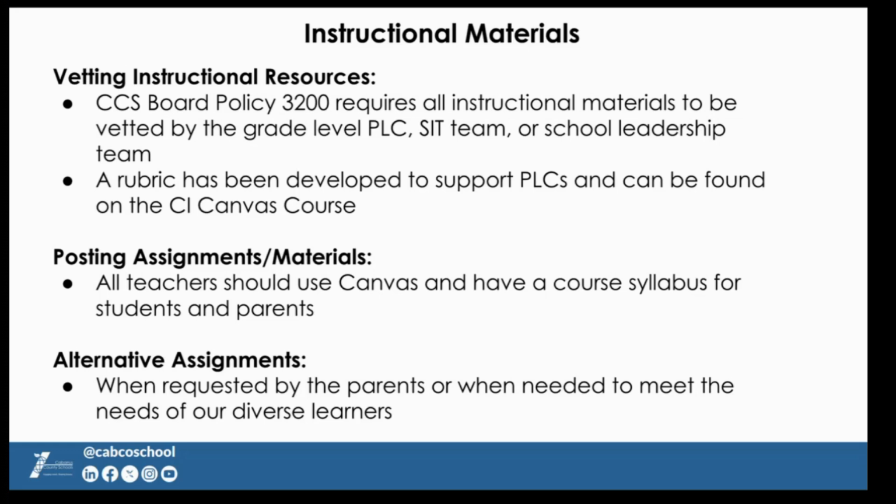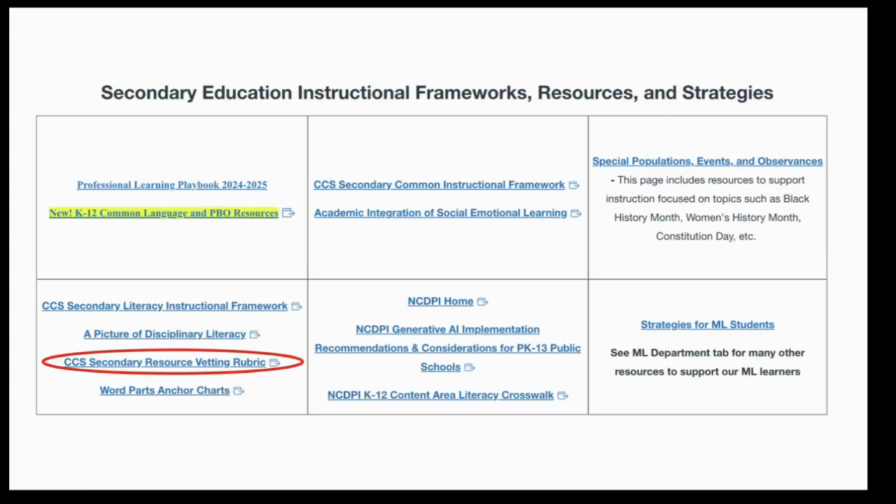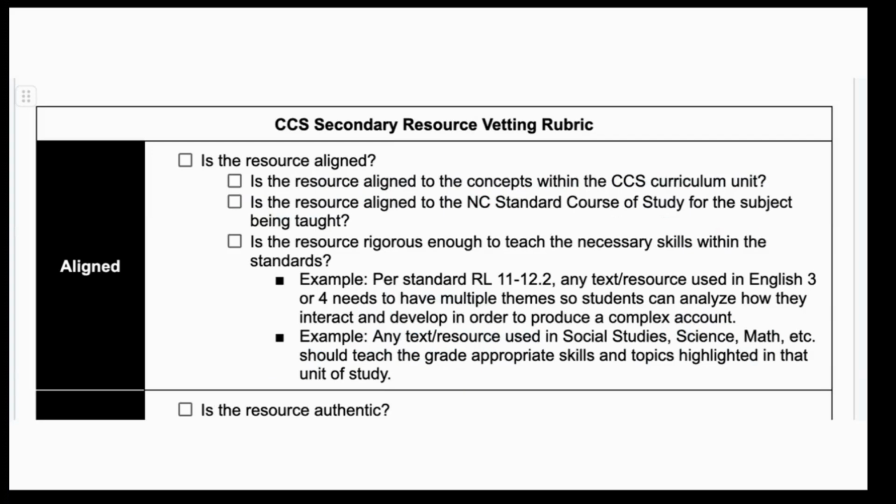Alternative assignments should be created when requested by parents or when needed to meet the diverse needs of our learners. This is an example of where you can locate the secondary resource on the middle school and high school homepage for the C&I Canvas course. And this is an example of what that rubric looks like.